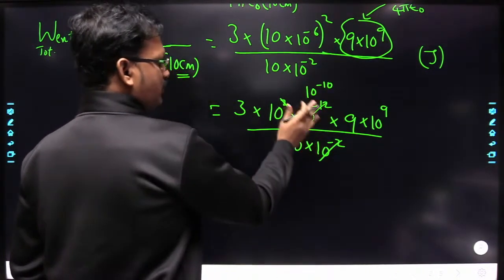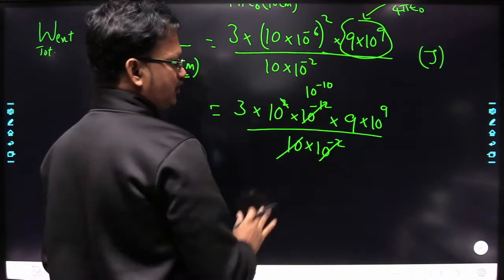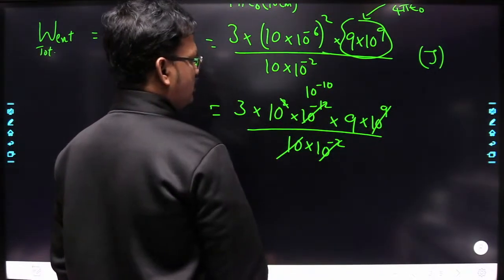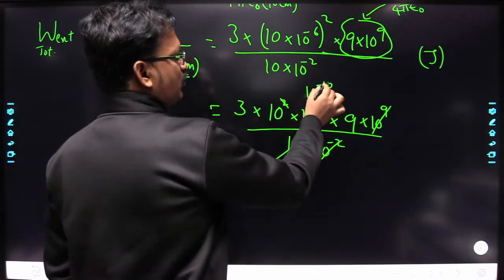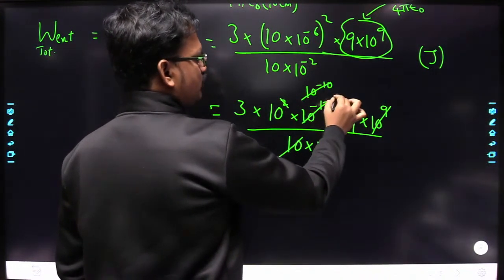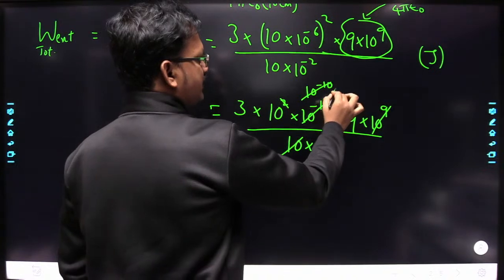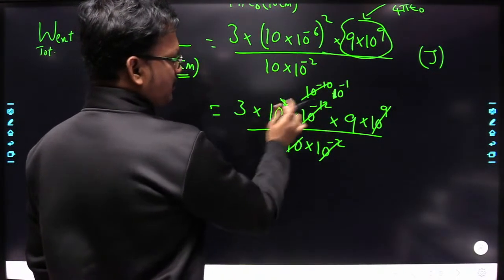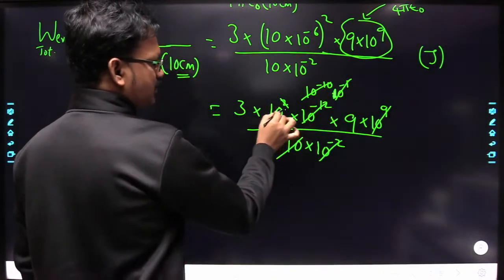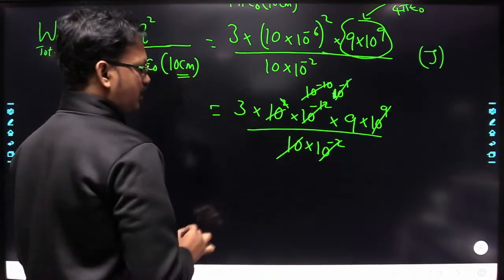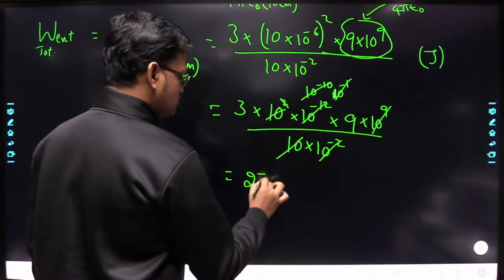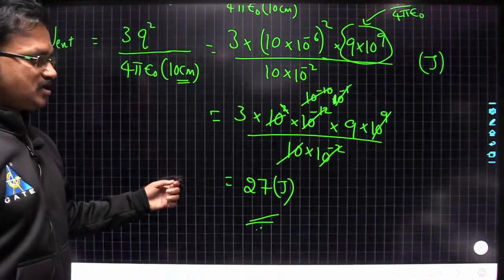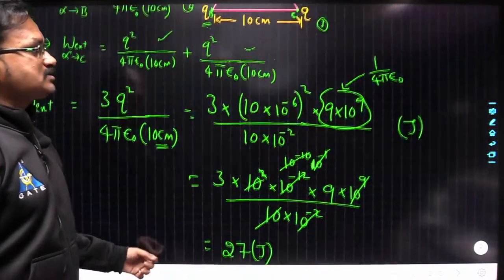If you take 10 power minus 2 to the numerator, you will get 10 power minus 10 here. Here 10 power 9, right? So 10 power minus 9 will get cancelled. So you will have only 10 power minus 1 here, and 10 power minus 1 and 10 here will get cancelled. So 3 into 9, how much here? 27 joules. So this is the work done by the external agent in order to assemble these charges.